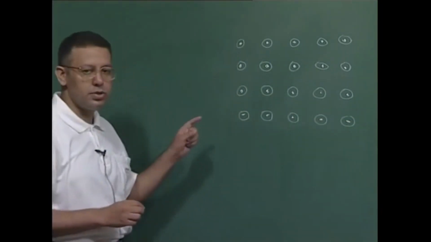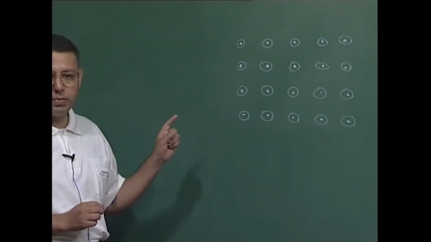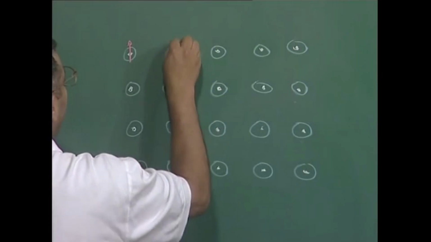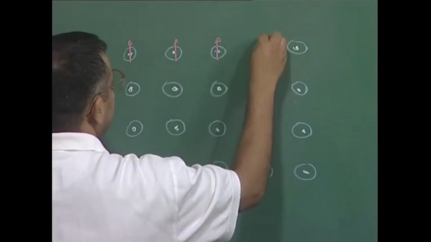Clearly, the crystal I have constructed now has 4 mm symmetry and it is a square crystal. But now suppose I want to take into account the fact that all the atoms additionally have magnetic moments which are aligned.